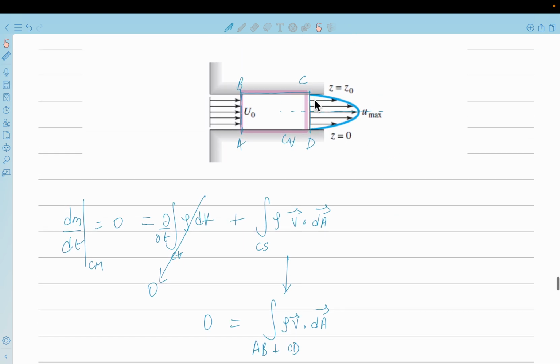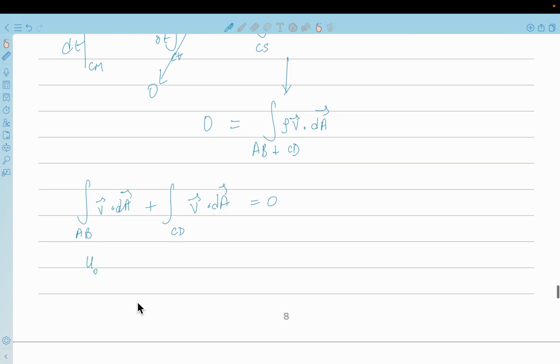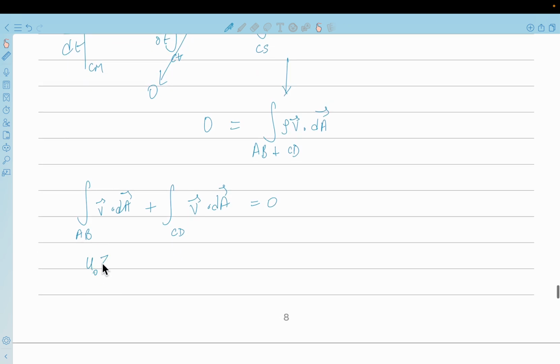The area is, let's take unit width into the plane of the paper, and this length is z naught. So u naught multiplied by z naught into the width. Okay, we can keep width w.